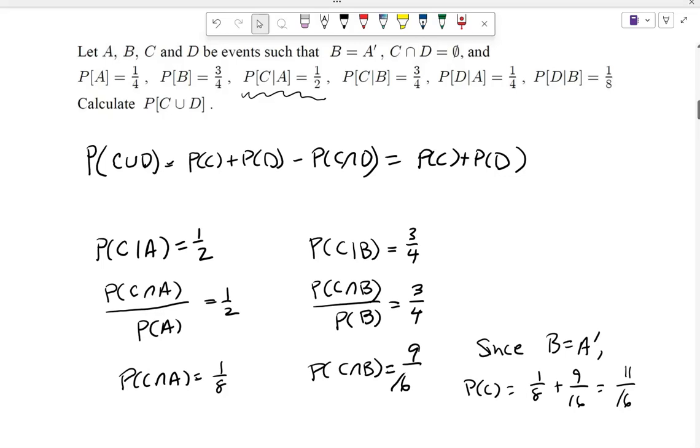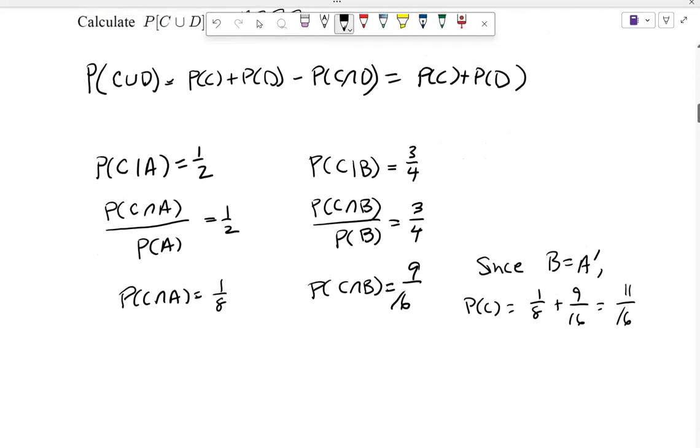Do you think you're going to do anything different for the next part? No, it's going to be the exact same thing. We're just going to replace the C with the D, right? So for the next part, your probability of D given A was 1/4.